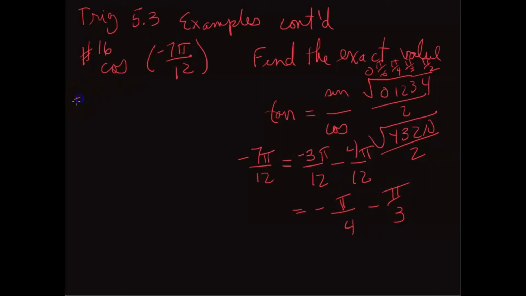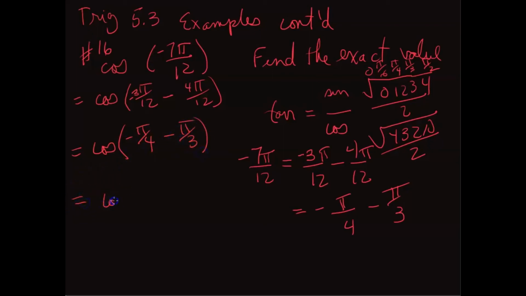So this cosine is really a negative 3 pi over 12 minus 4 pi over 12, which is really the cosine of a negative pi over 4 minus pi over 3.